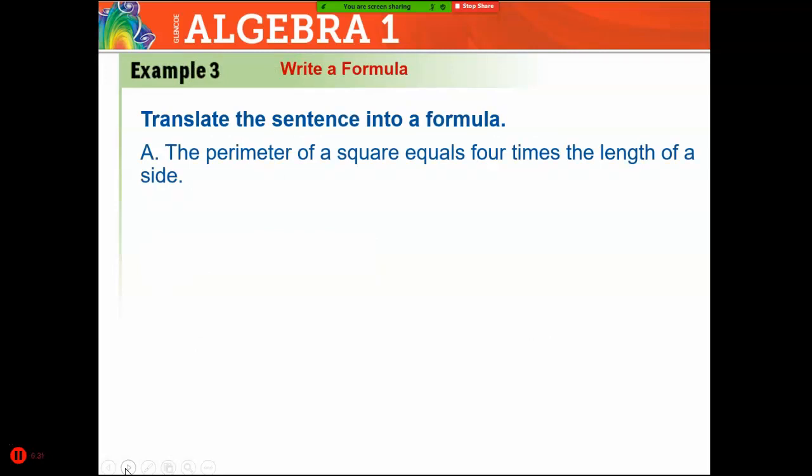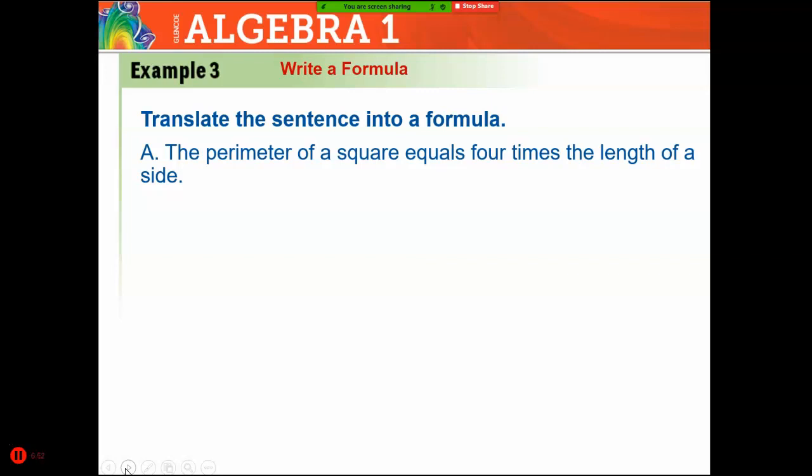So for letter A, the perimeter of a square equals 4 times the length of a side.